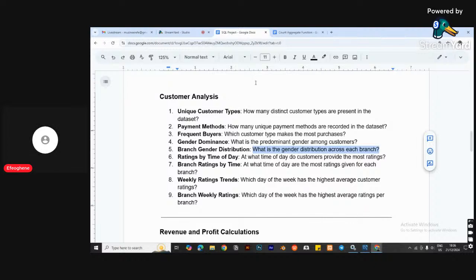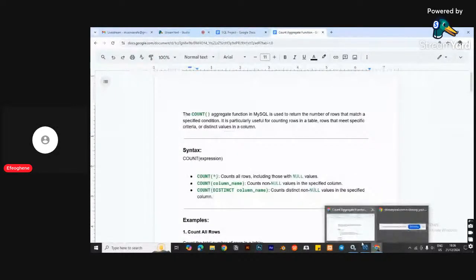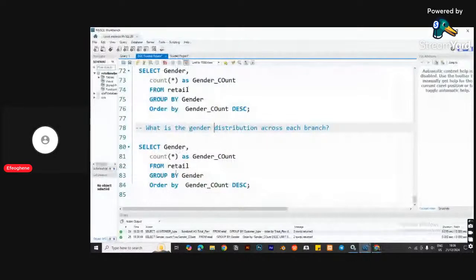Okay, right. So I was saying, who wants to give us a guess on the next keyword we'll be using here? It's simple. What is the gender distribution across each branch? This is tailored, it is restricting our search now.